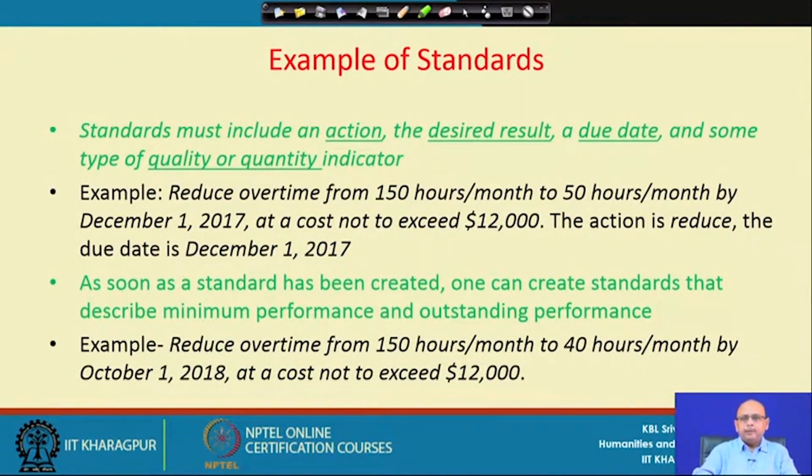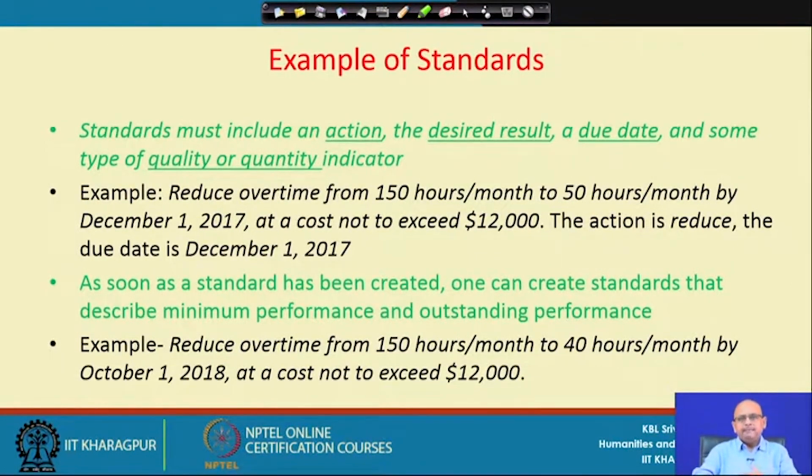What is the action that you are going to take? You are going to reduce it. What is the due date? December 2017, right. And the quality and quantity indicator is that you are going to reduce overtime by 100 hours per month from now onwards. So, you are talking about the standard that you are going to achieve.